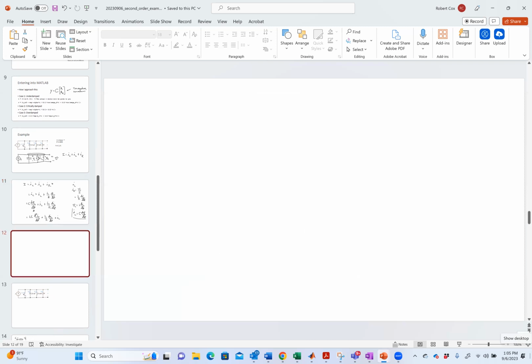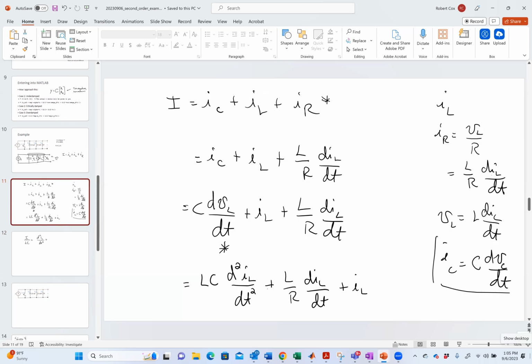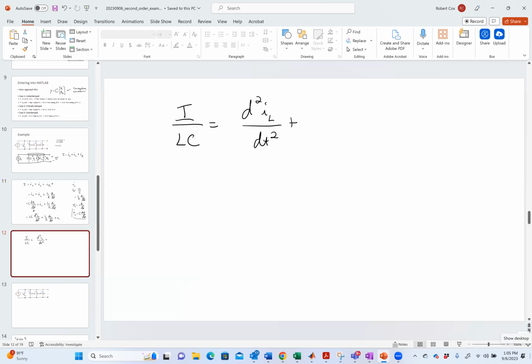I should end up with I over LC equals d squared I_L by dt squared plus 1 over RC dI_L by dt plus 1 over LC times I_L.